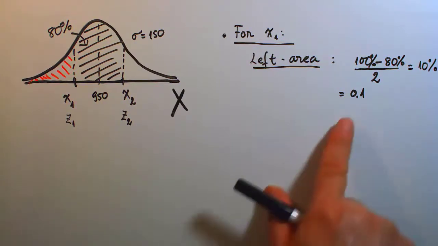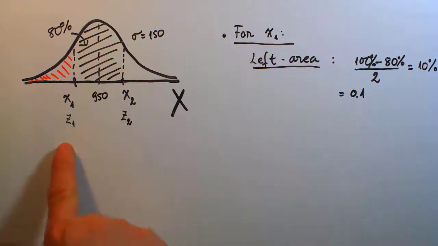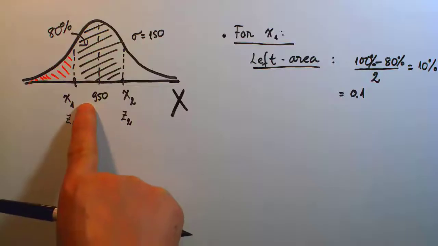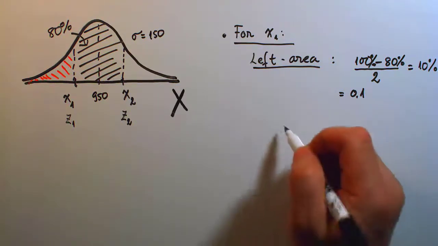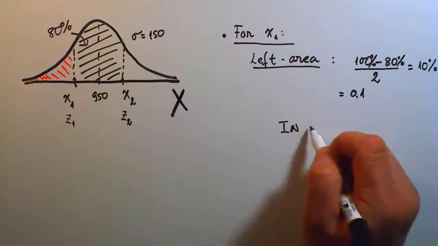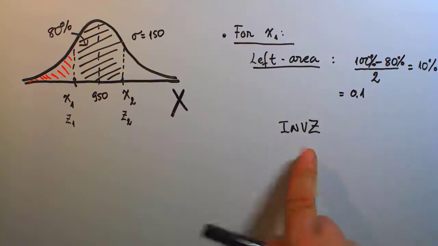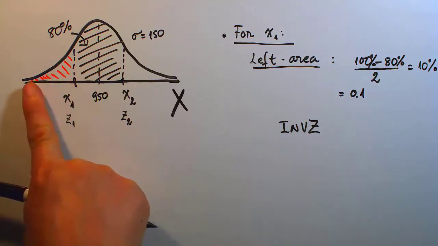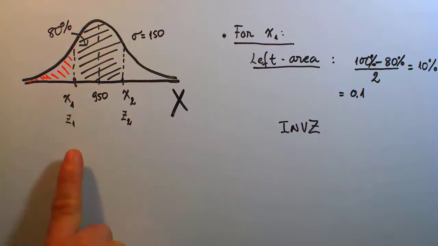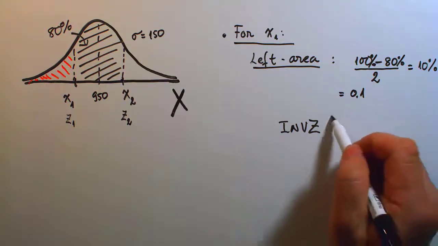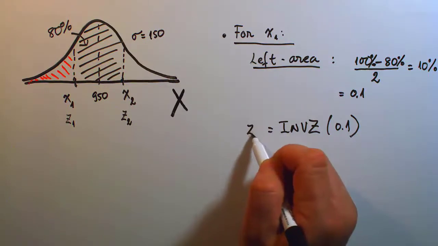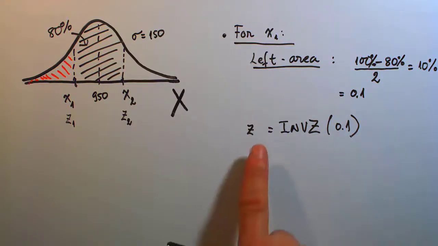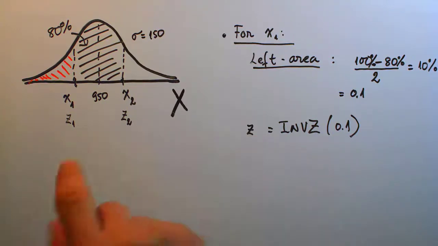And so now, once we have that 0.1, keep in mind the z-score corresponding to x1 will also have the exact same amount of area shaded to the left-hand side. In that way, I am now going to execute my InvZ. The point is to invert the area shaded to the left of our designated z-score, invert that area here found to be 0.1, to find out which z-score we're at. And so the z-score I'm about to find here is indeed z-score 1 correspondingly.